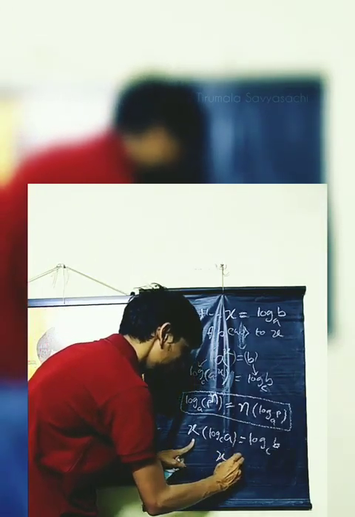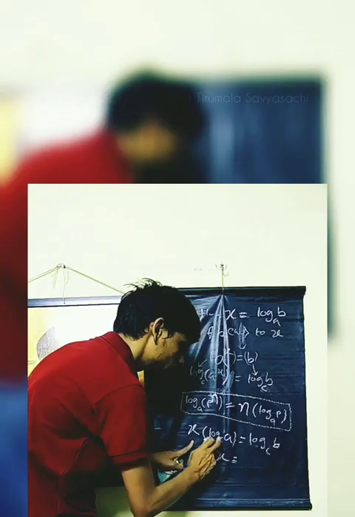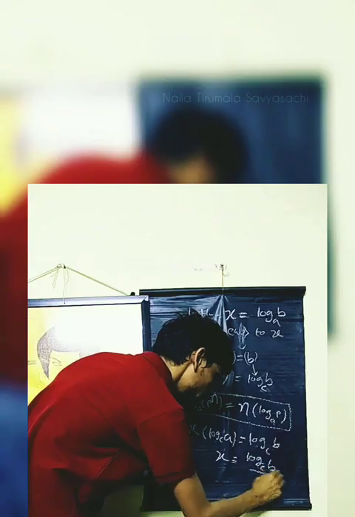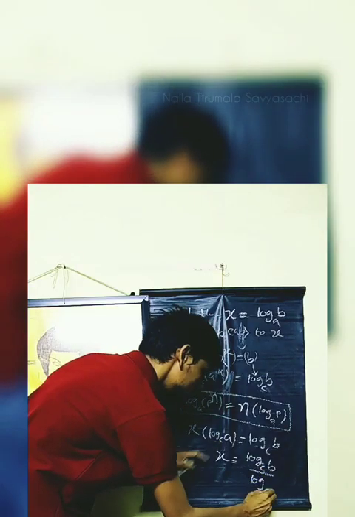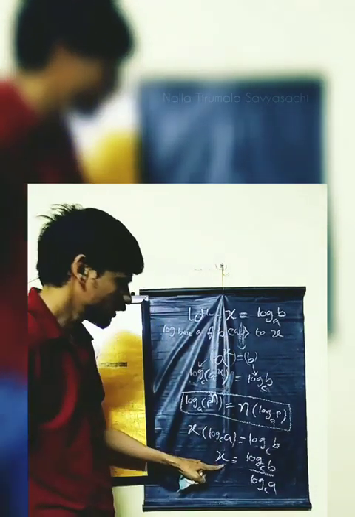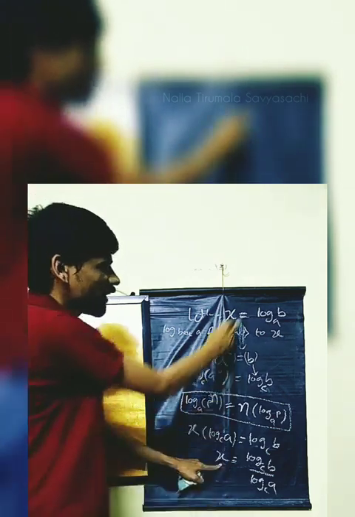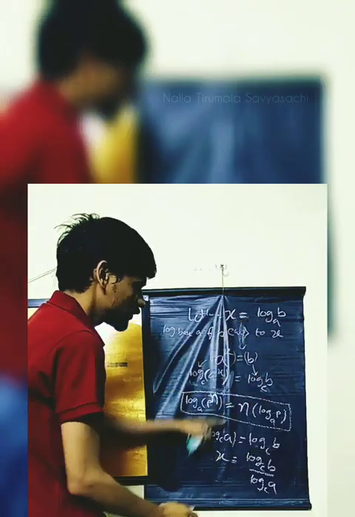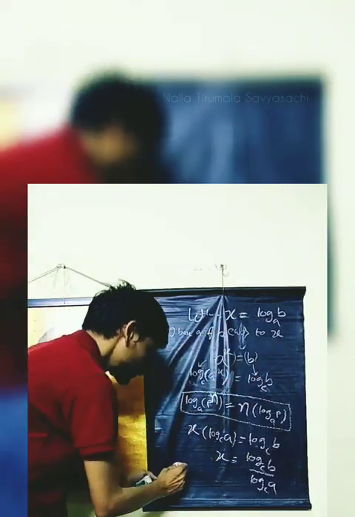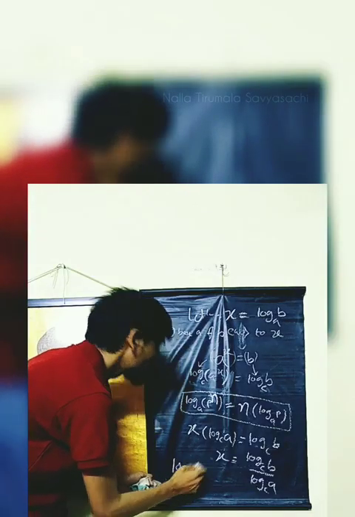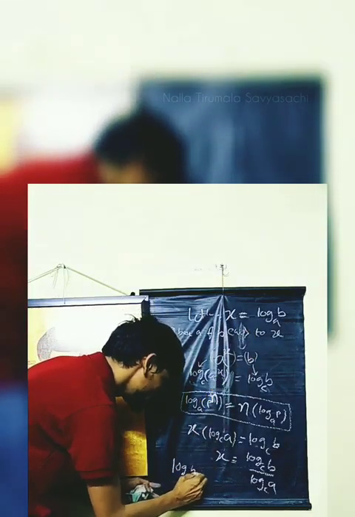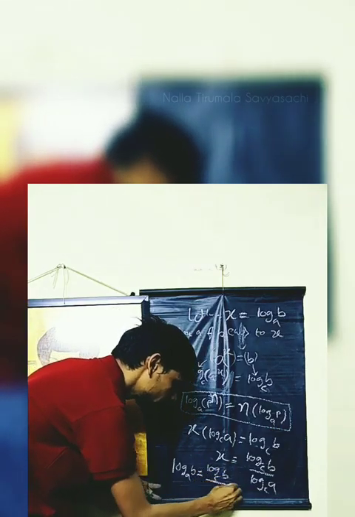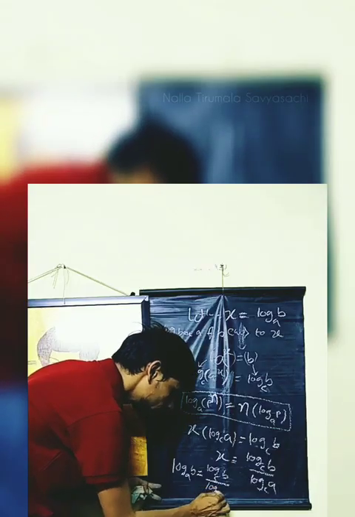So x equals log c b divided by log c a. Since x is log a b, we can replace x with this value. So log a b equals log c b divided by log c a.